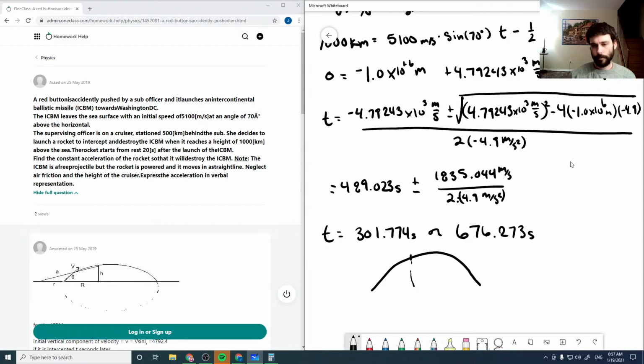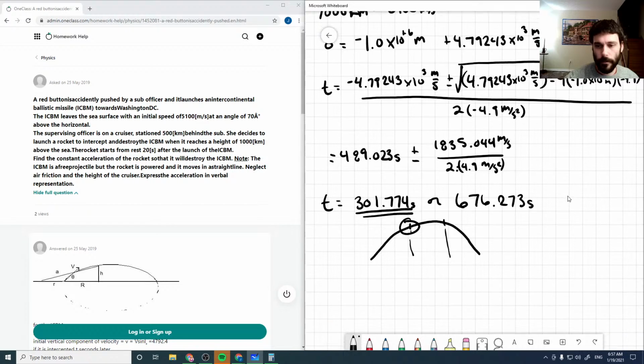So this point and this point in my rough drawing here. But we're only interested in the earlier time, so we want to hit it at the earlier time. So we're just going to use this time. Okay, so there's our time.